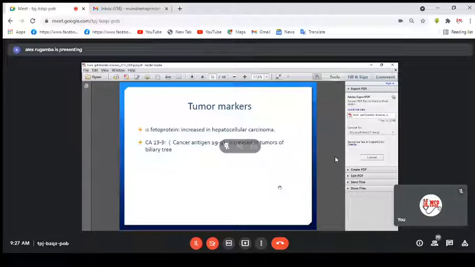For example, alpha fetoprotein: if it is increased, then you may predict that the person may develop hepatocellular carcinoma. You may also measure CA19-9, which means cancer antigen 19-9. If it is increased, you may predict this person may develop a biliary tree tumor.